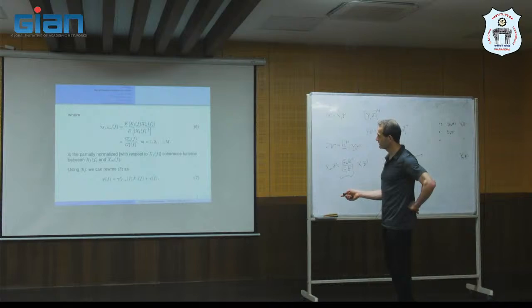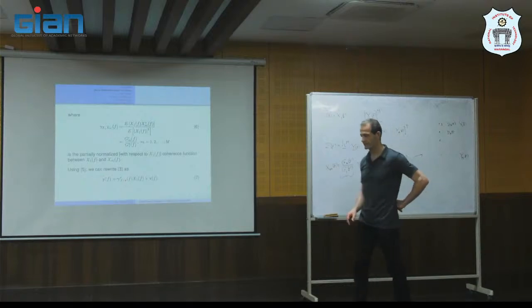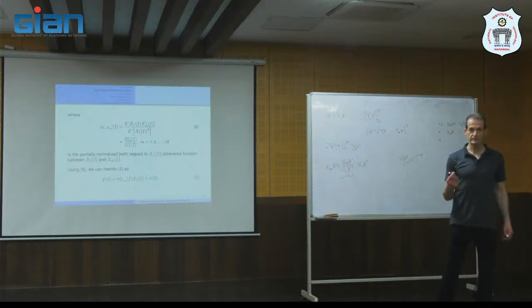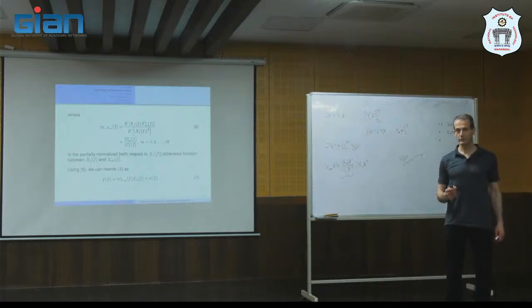The correlation is between X1 and the vector X, where X1 is the reference element and XM is the element of the desired source. So here we get the vector, the coherence function between X1 and X. If it's not clear, I can repeat some of the material. Okay, so if you have questions.